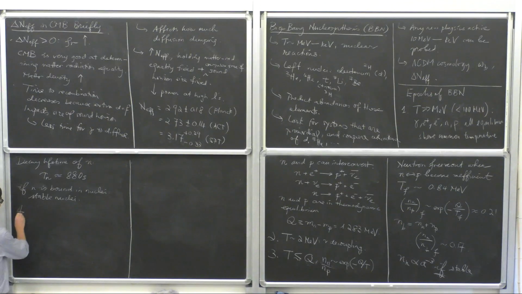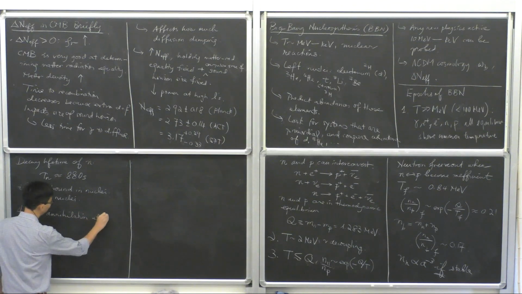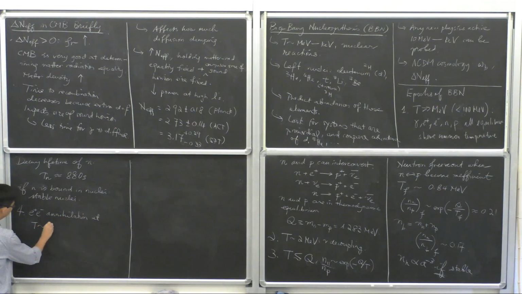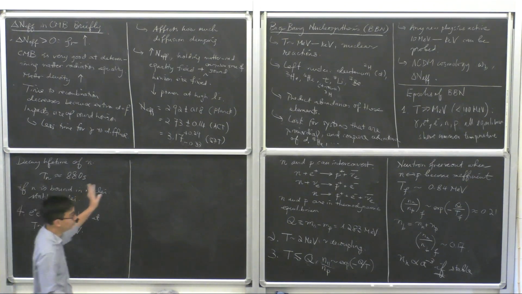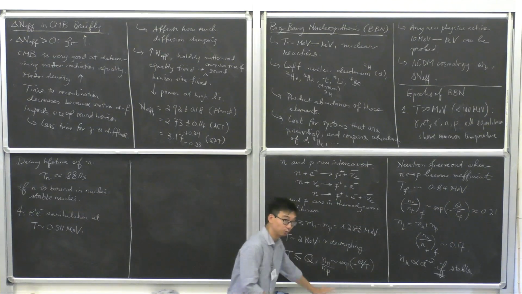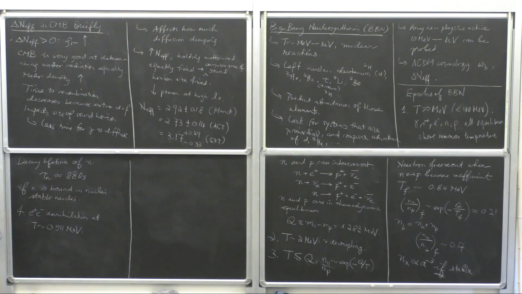Step 4 was e plus e minus annihilation, which I also discussed. This is a very busy time for everybody. Neutrinos freeze out, neutrons freeze out, and then electrons also freeze out, all at around the same time.